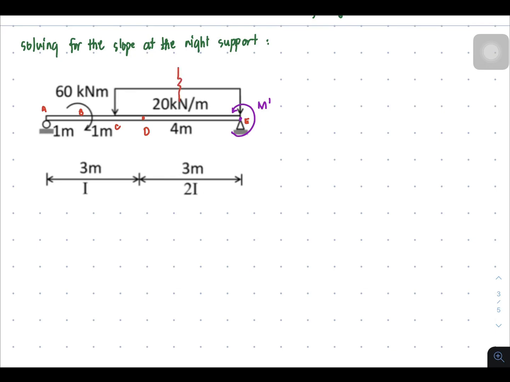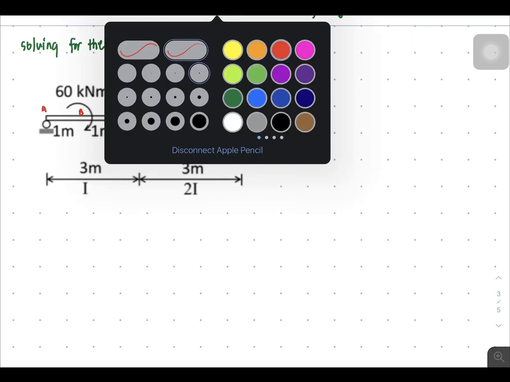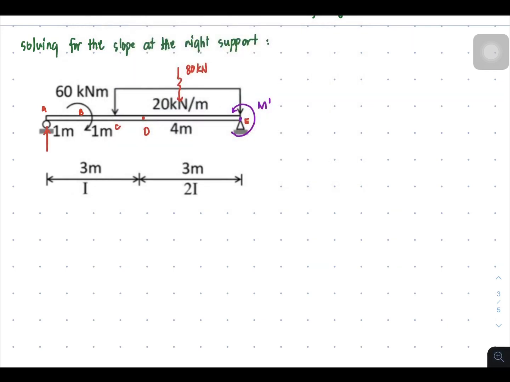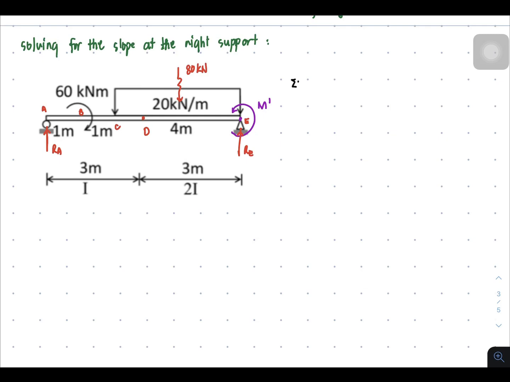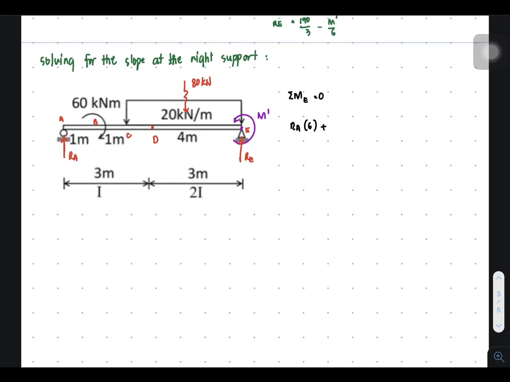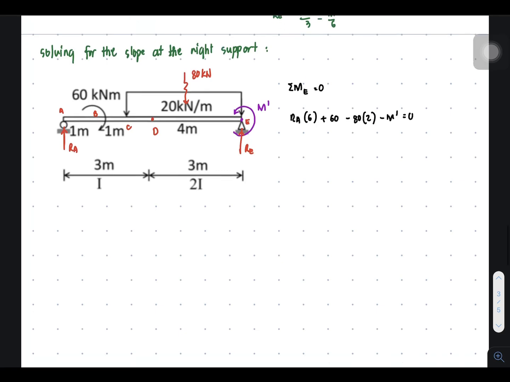So this time, let us solve for the resultant here in the 4-meter distribution. So this is 80 kilonewtons. And we have this reaction at A and reaction at E. So let's solve for the reaction, summation of moment about point E so that we can solve for RA. So it's RA times 6 and then plus 60 minus 80 times 2 and then minus m prime equal to 0.